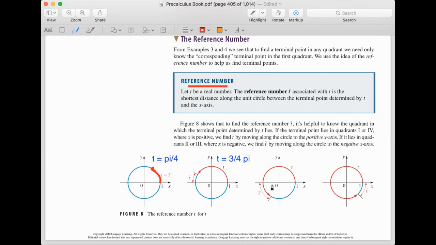This angle is in the third quadrant, right? This is the first quadrant, and we call this the second quadrant. This angle happened in the second quadrant, and this one in the third quadrant, and this one in the fourth quadrant.